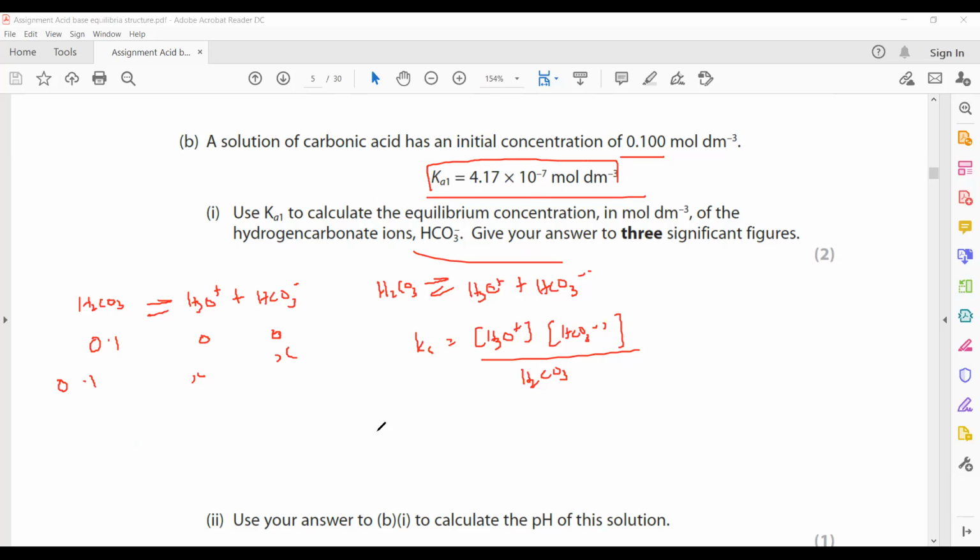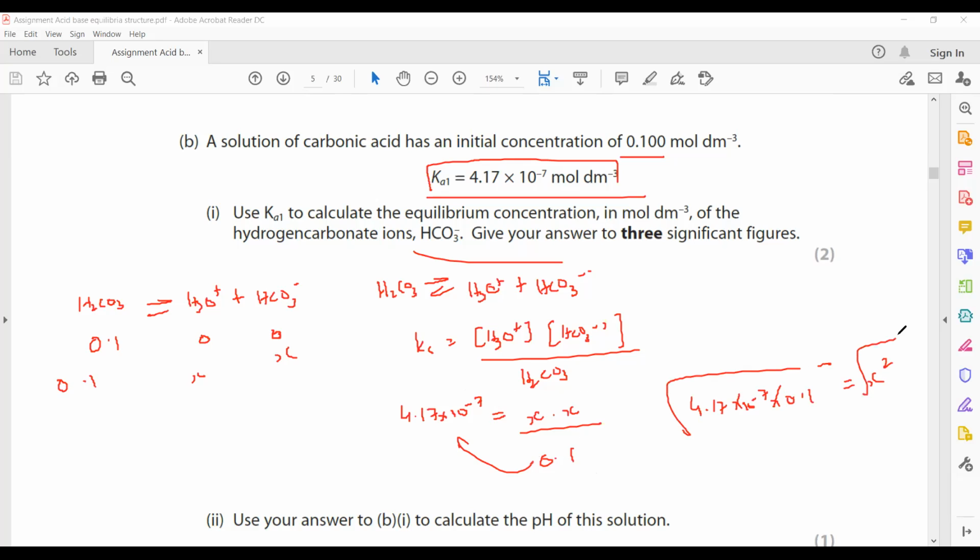So we substitute the value of Ka, which is 4.17 × 10^-7. The concentration for this one is x, so this will become x squared divided by 0.1. So 0.1 is divided, on the other side it will be multiplied. You multiply and take a square root. What's the final answer? 4.17 × 10^-7 multiplied by 0.1, in a square root. That will be the value for x.